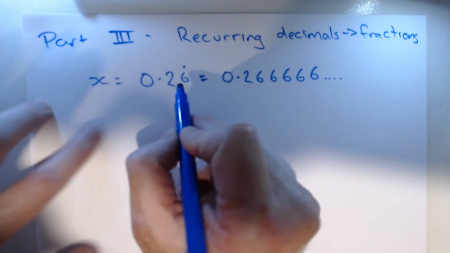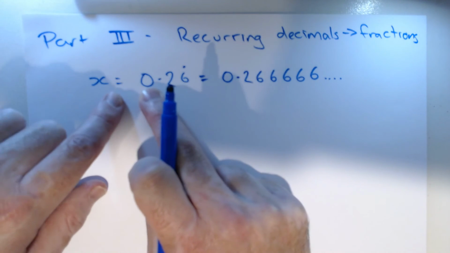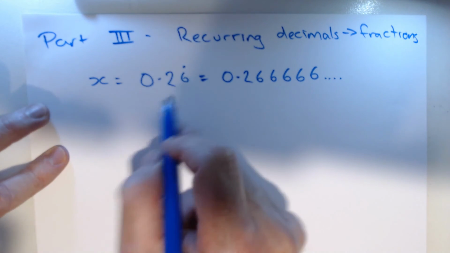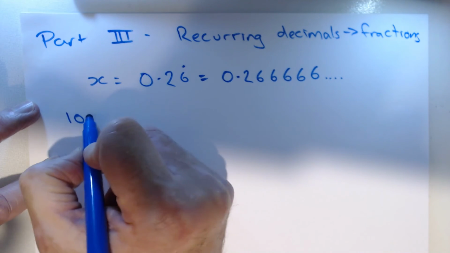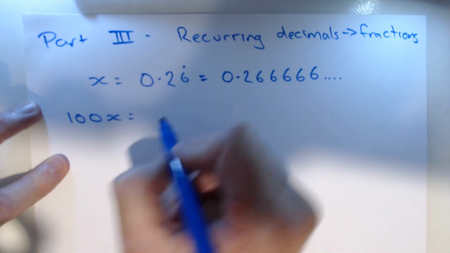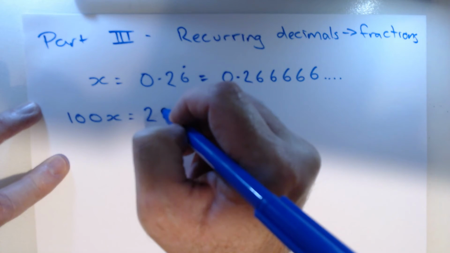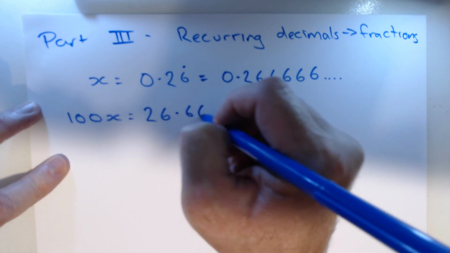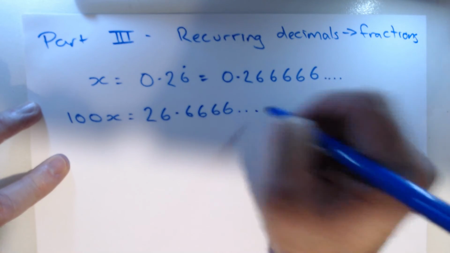In this case, what we want to do is get both the 2 and the 6 into the left hand side of the decimal place. So in order to do that, we'd have to multiply once again by 100. And we can then see that 100x is equal to 26.6, and then we'd have that repeating forever and ever.